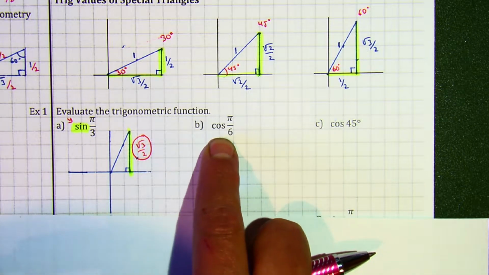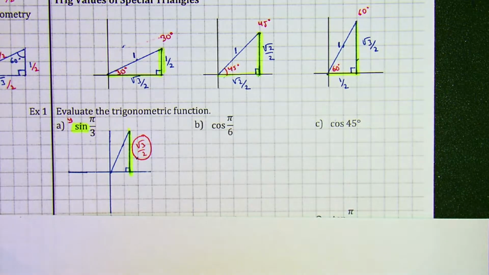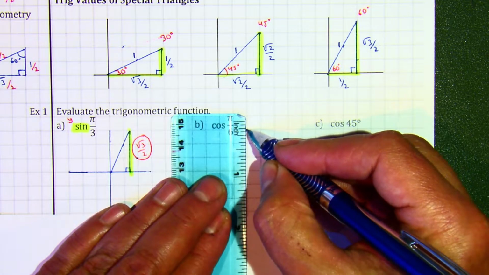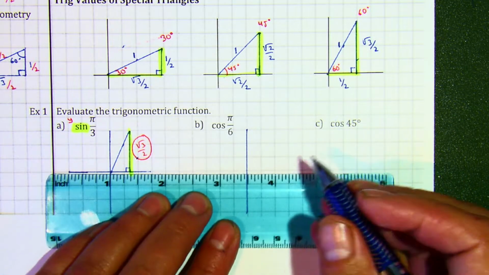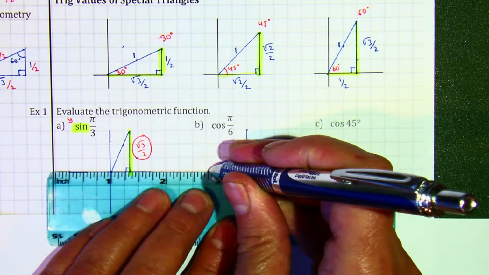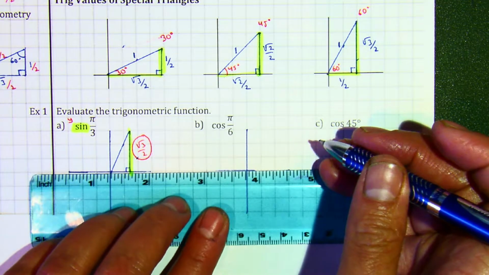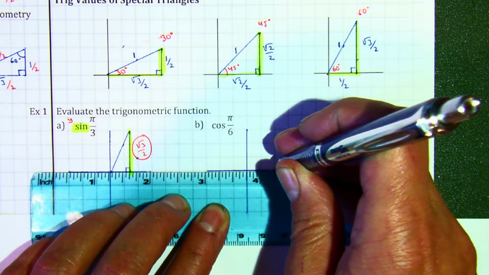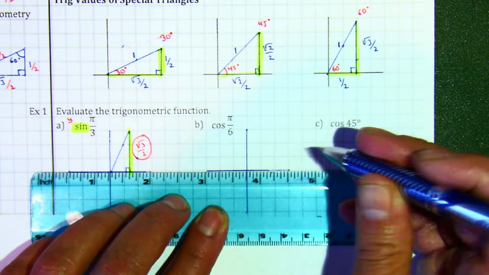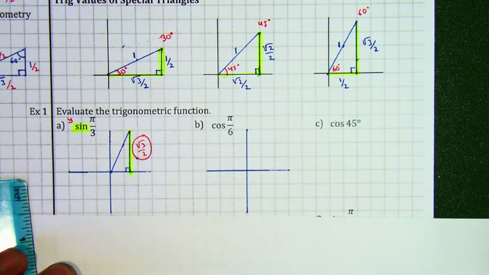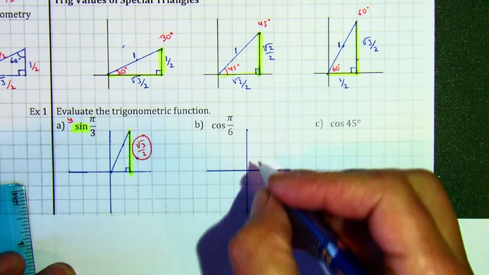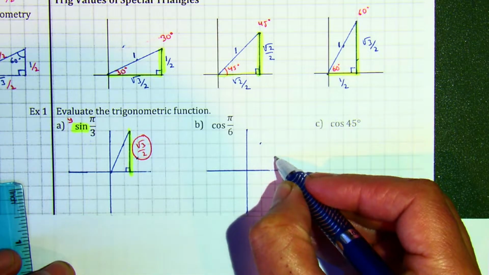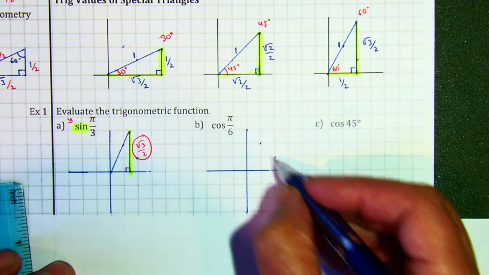Cosine of pi over 6. I'm going to draw my x and y axis as a quick 3x3. I'll locate where pi over 6 is. So pi over 6 is your 30 degrees. So I'll place my 2 dashes evenly spaced, and I should place them a little closer to the x-axis and the y-axis.